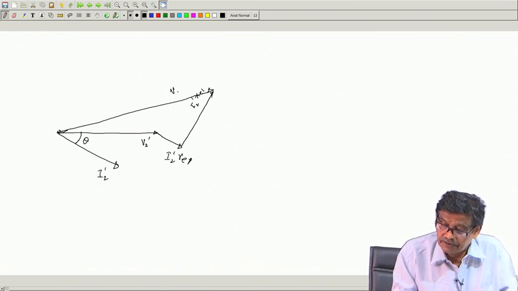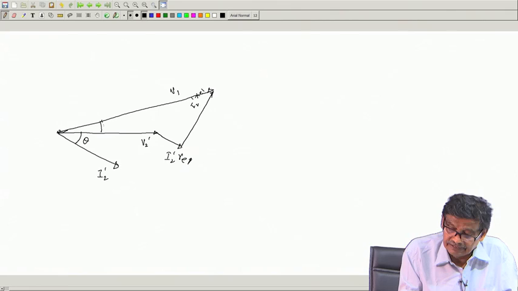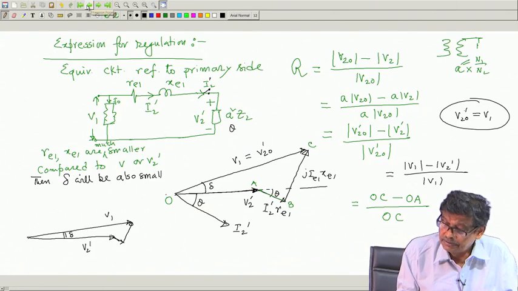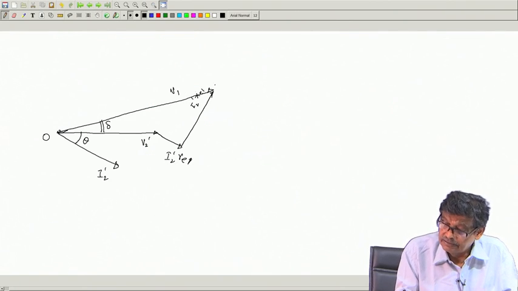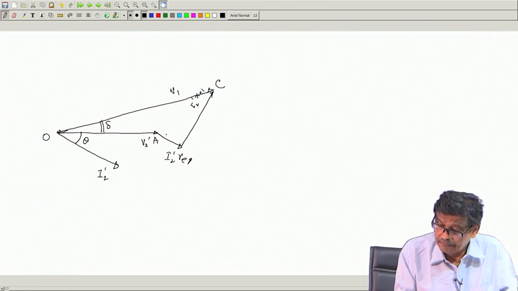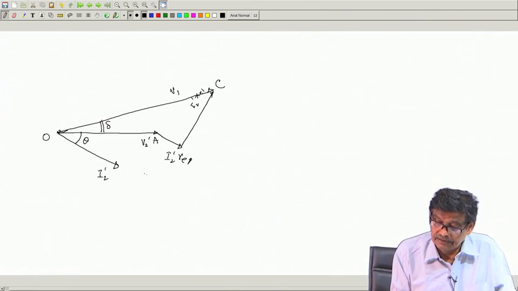And this length is your V 1, and this angle is delta, and I named it as if I remember correctly, O C, O A, B. So, O C, this I called O C, O A, where is B? This point, like this.